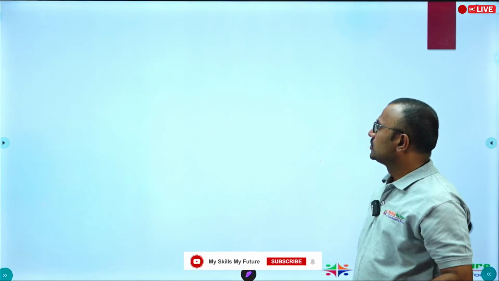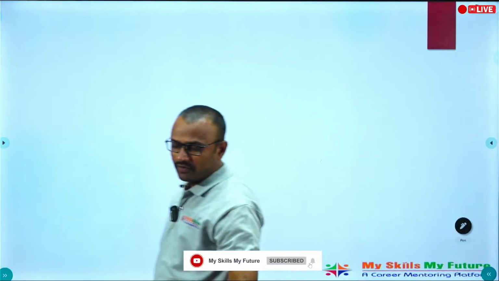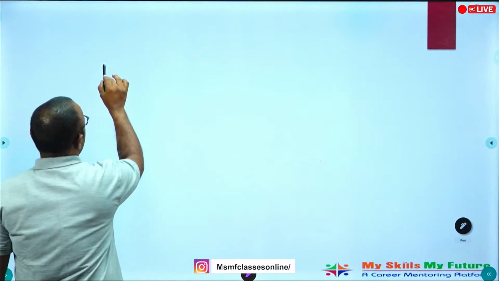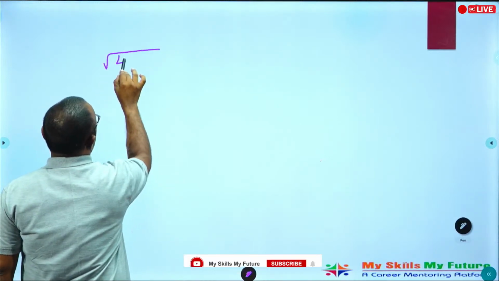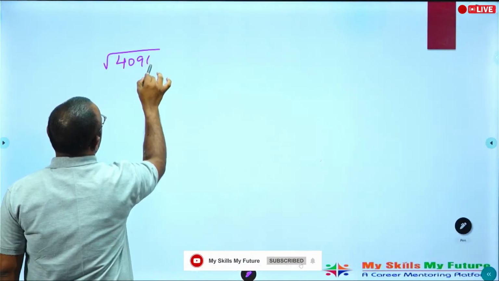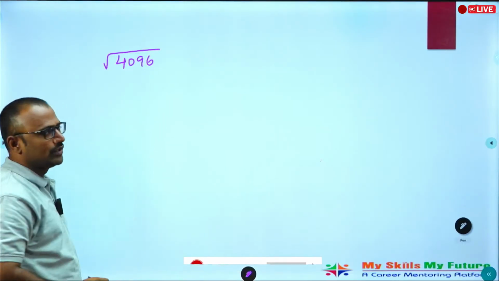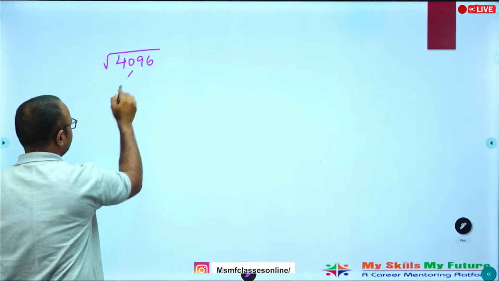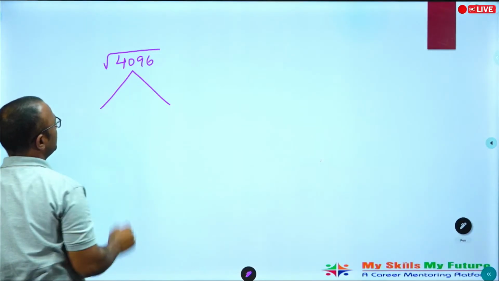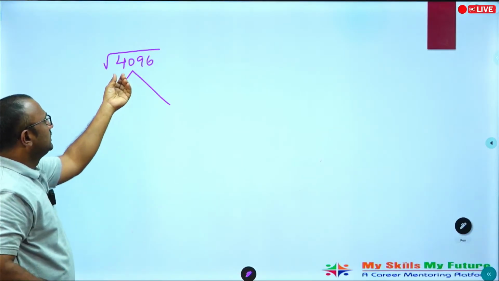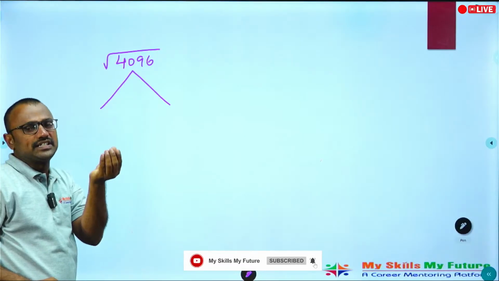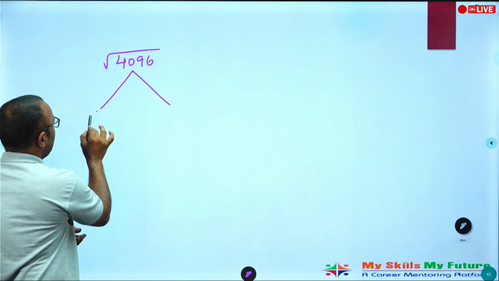One more example: root 4096. If you see here, 3600 is nothing but 60 square.